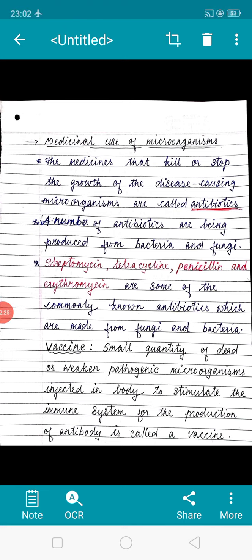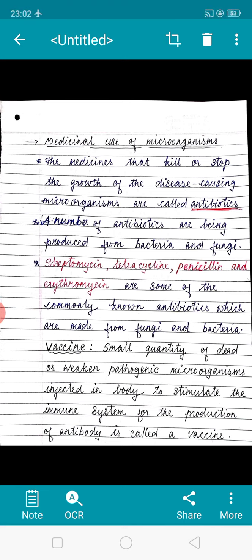Now we can see what vaccines are, or what is meant by vaccination. When a disease-carrying microbe enters our body, the body produces antibodies to fight the invader. That means when any disease-causing microorganism enters our body, the body itself produces some antibodies to fight against that microorganism.